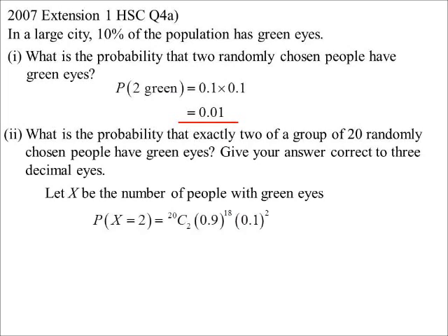So 20C2, probability of it happening to the power of 2, probability of it not happening, power of 18. So we have 0.285. Most of these binomial probability questions are fairly straightforward. It just is a matter of remembering, hey, it's exactly the same as the general term of the binomial, and just sub the data in.